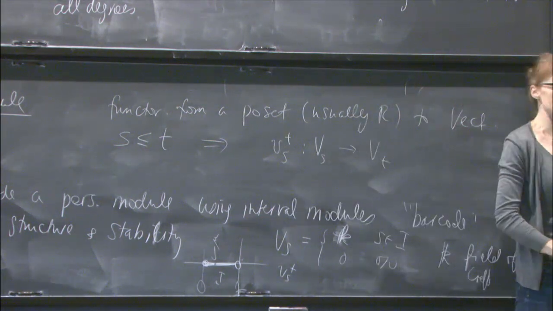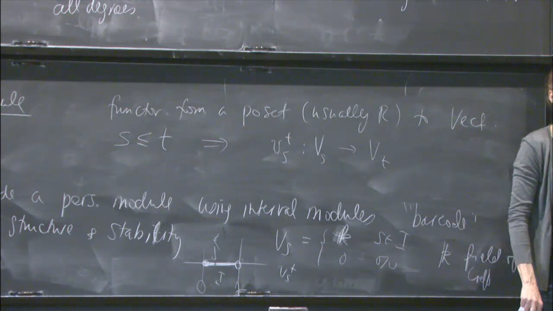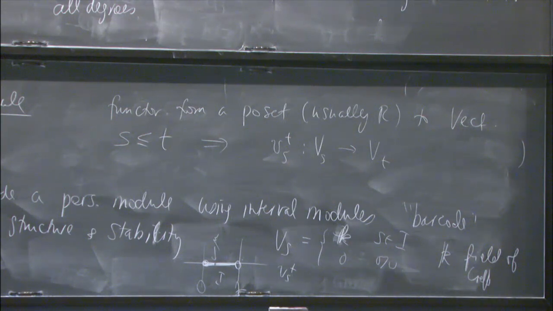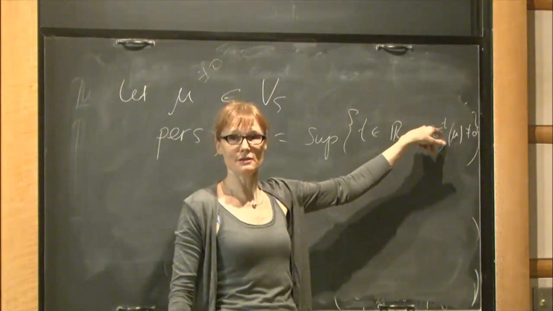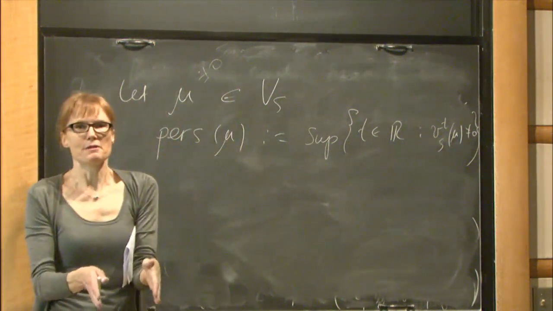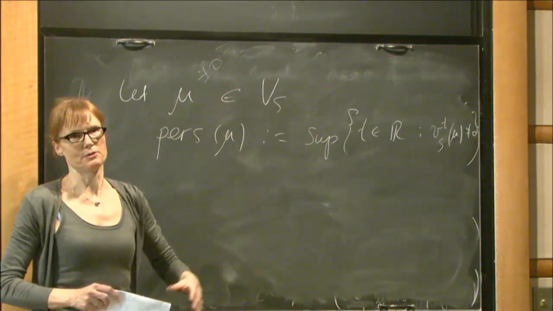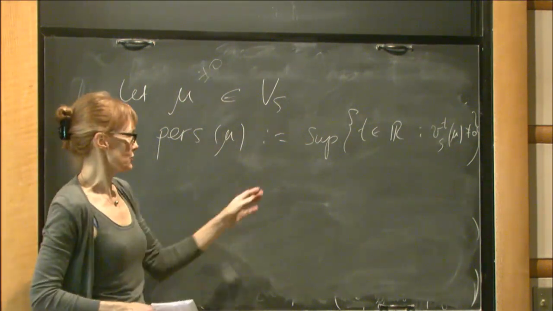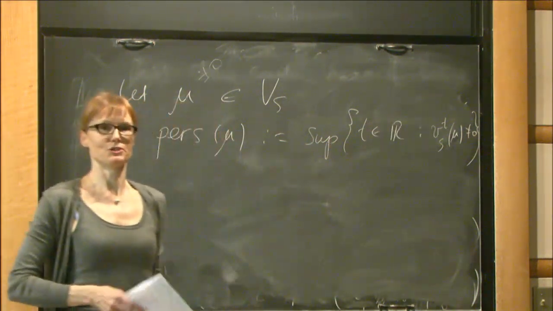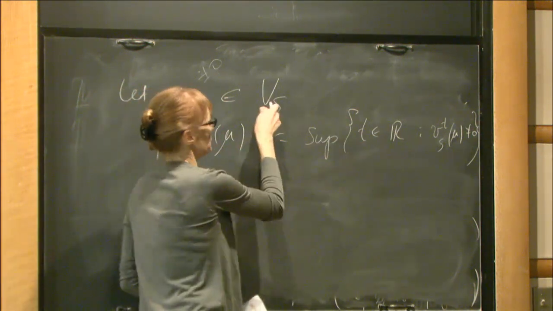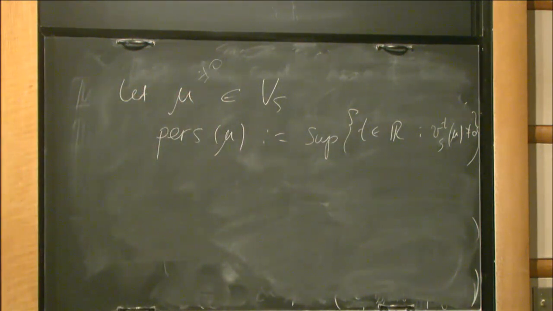I should point out this is a slightly different definition from what's used in computer science. In computer science, it would be the difference between S and T, so it's basically the lifespan of that element. But here it's simpler to make the correspondence with Viterbo's capacity and so on to define it this way. The difference between them is just S, the place where the original class lived.